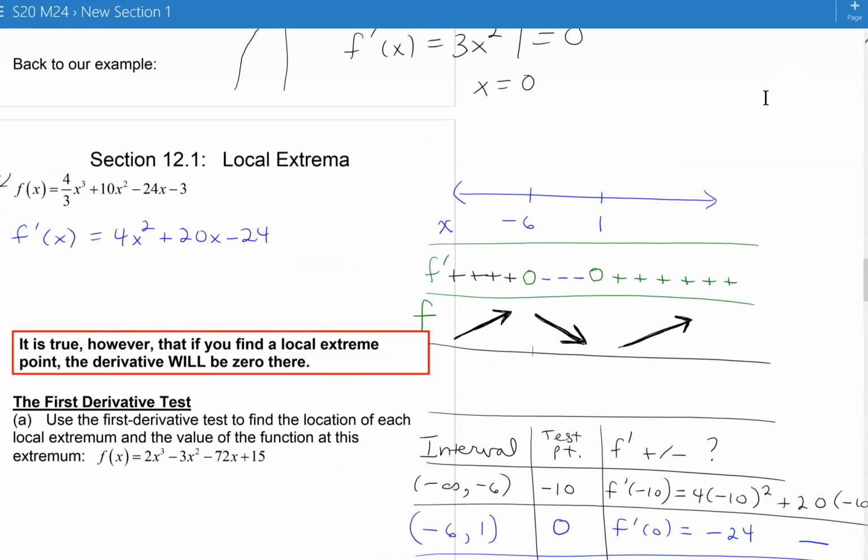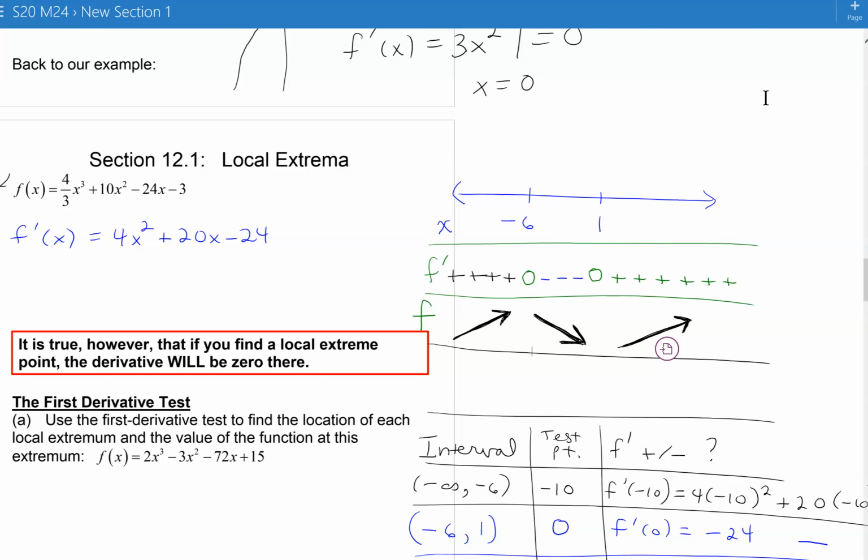So let's think about what's happening right at x is negative 6. So the function, as you go from left to right, is increasing, and then I get to a spot where the derivative is 0, and then I'm decreasing. This has to be a local max.